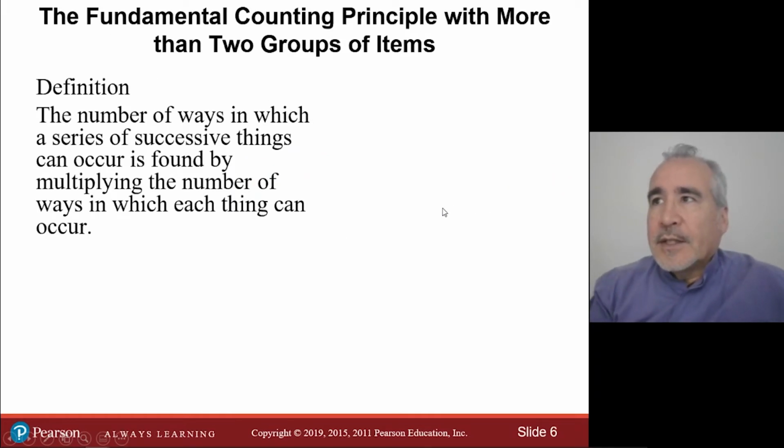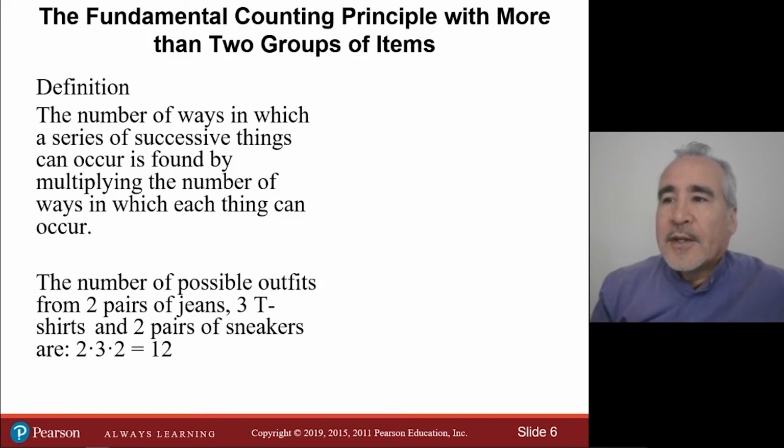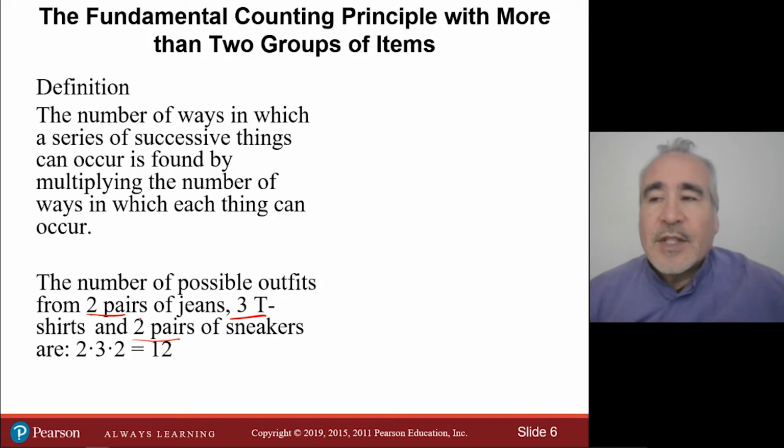Okay, so here's another one. When we have 2 groups, let's see if we can figure this one out. What if we have a series, because like that, you could have had appetizers, the main meal, and a dessert. Or you need shoes to go out, right? So you have 2 pairs of jeans, 3 t-shirts, and then 2 different pairs of sneakers.